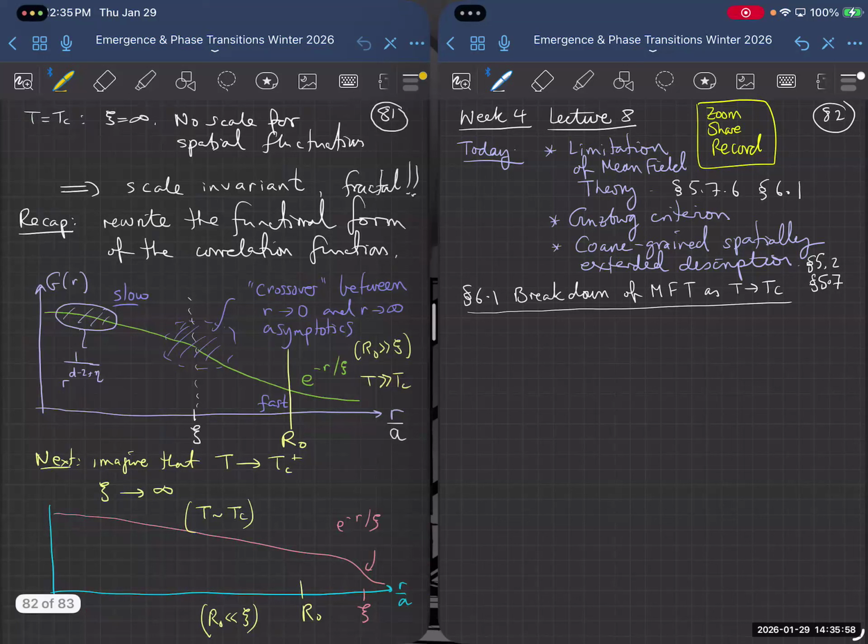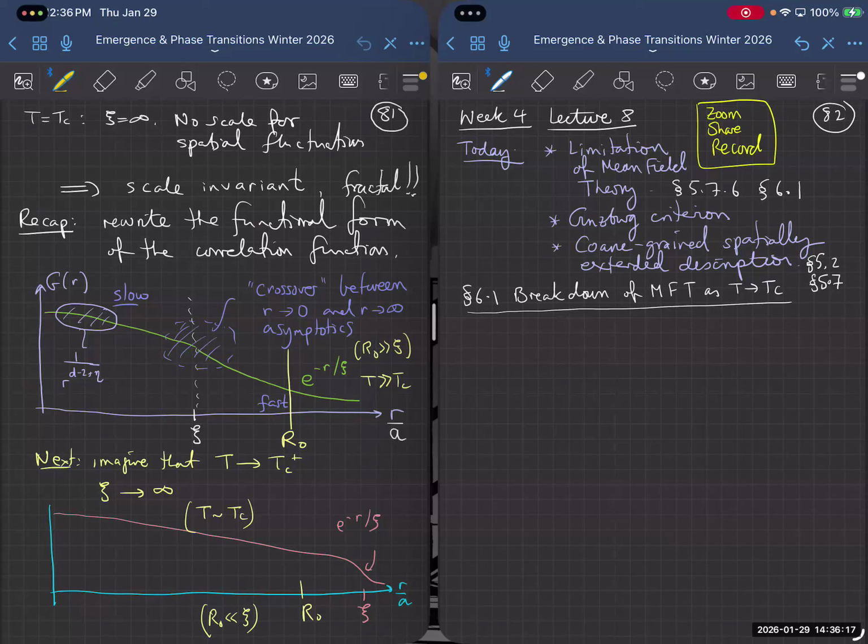At the end of the lecture, I showed you how this actually happens. It's not that the correlation function just magically changed its value as t became tc. What actually happens is that the correlation function for any temperature has the following behavior.